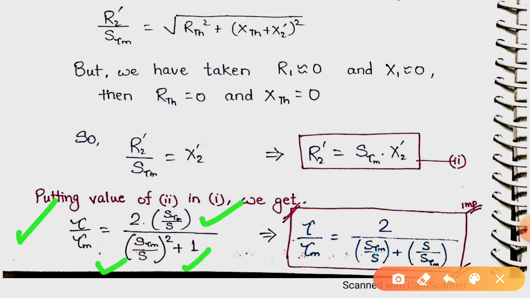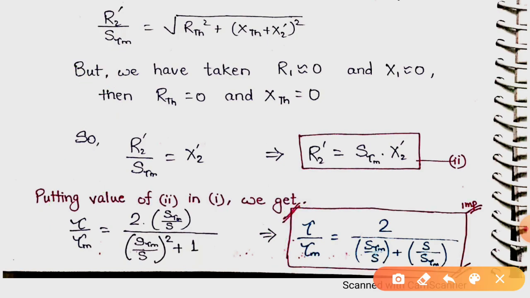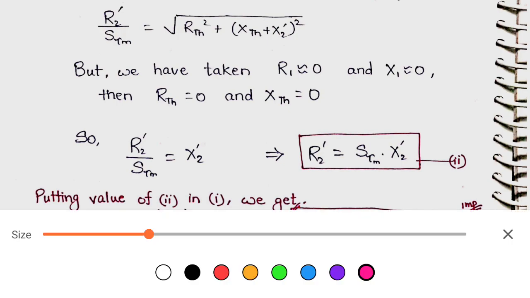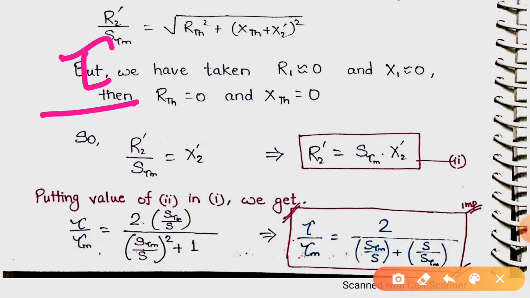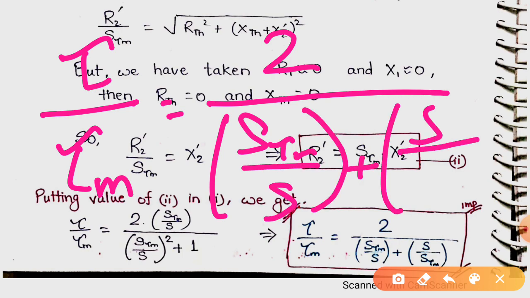On simplification we get tau upon tau m is equal to 2 upon S tau m upon S plus S upon S tau m. This is a very important relation from competition point of view. This is the relation which you need to remember.